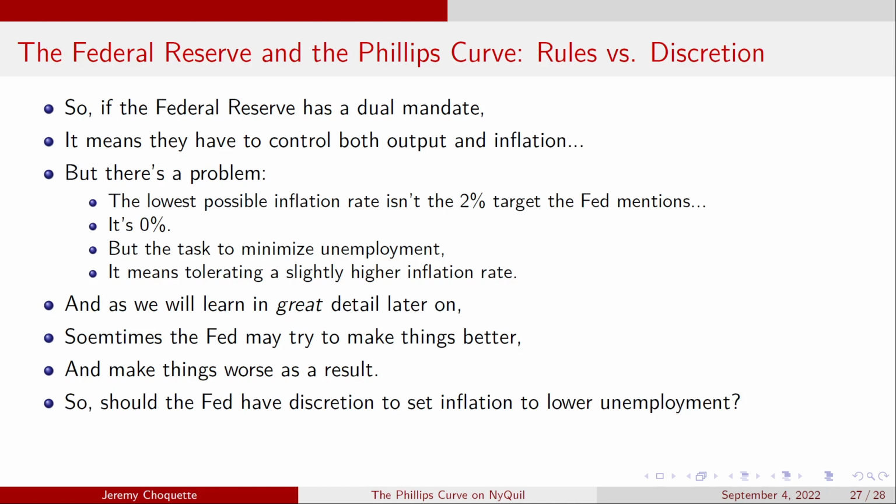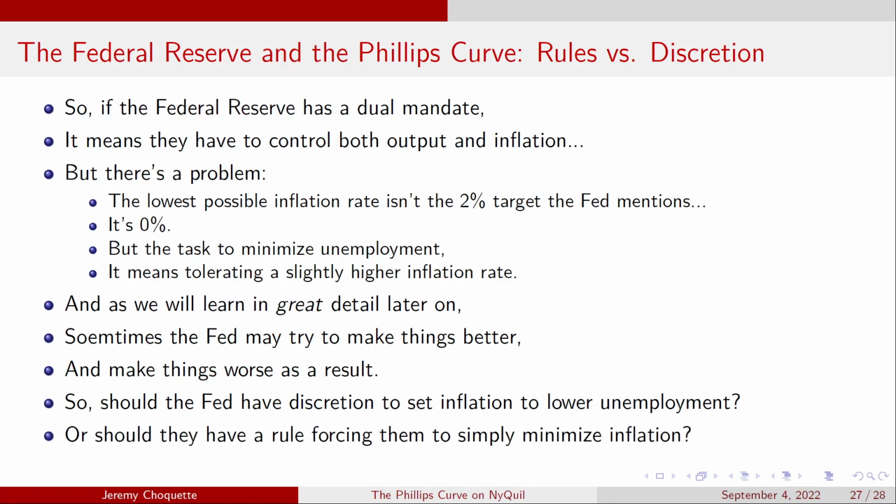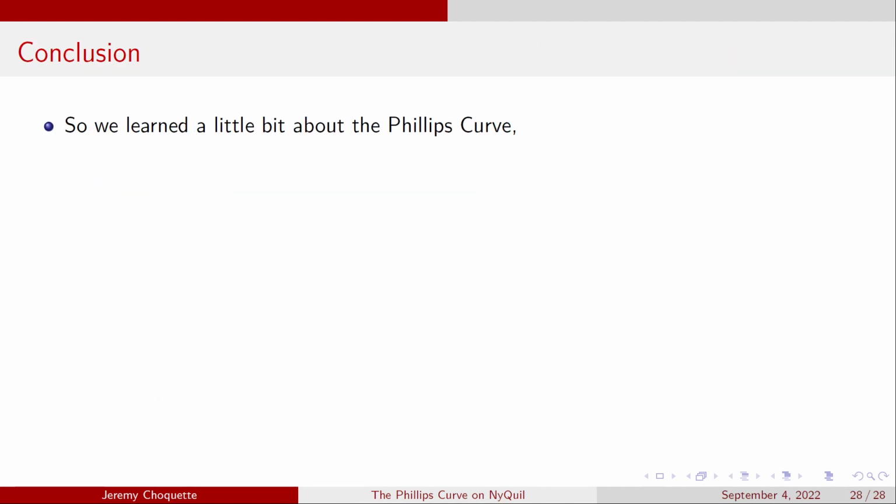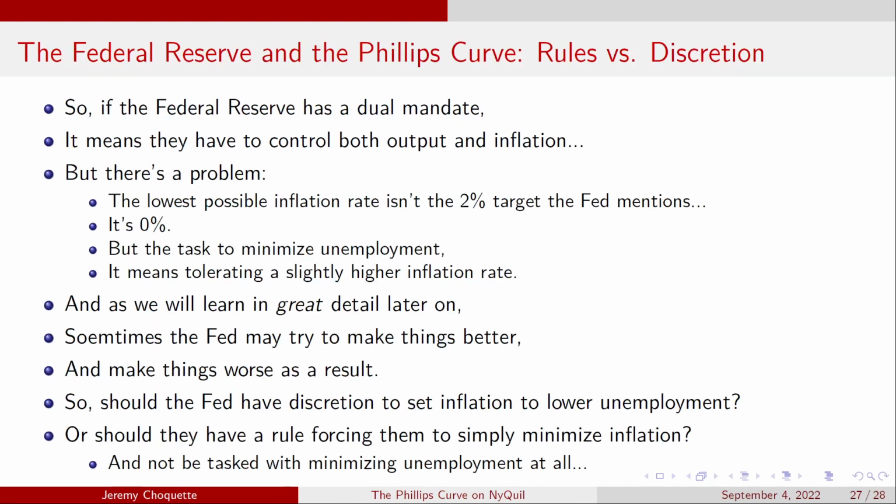So should the Fed have discretion to set inflation to lower unemployment? Or should there be some kind of a rule that forces them to just minimize inflation and not be concerned with unemployment at all? Well, all of that is a topic that we will be discussing in some future videos, but it is something that's worth thinking about.